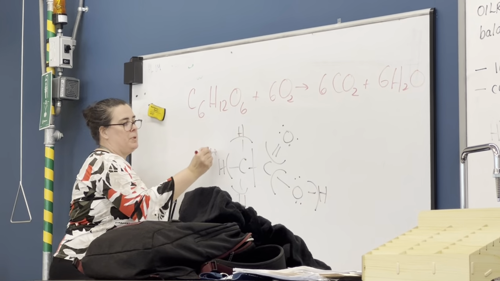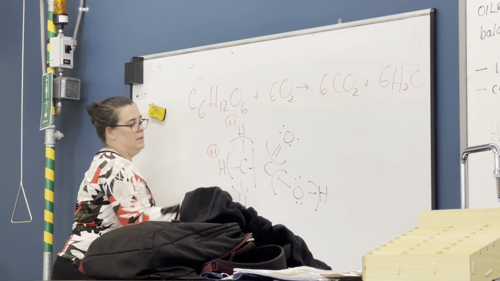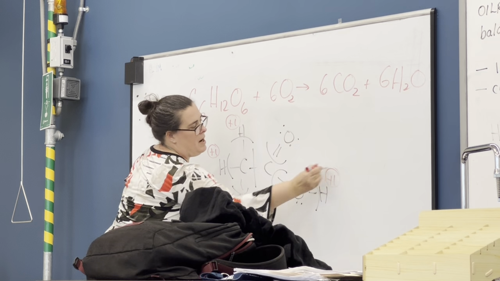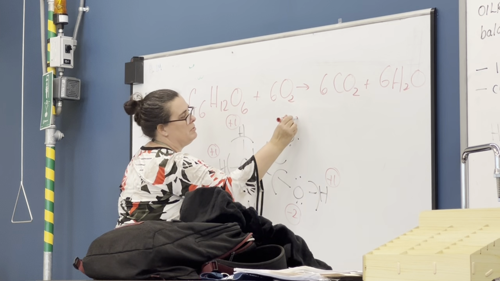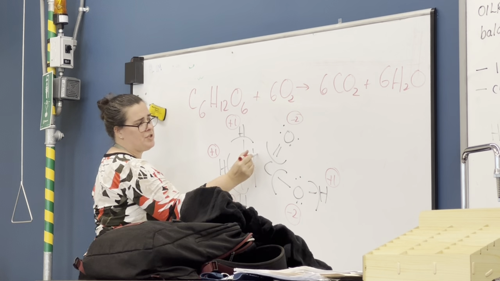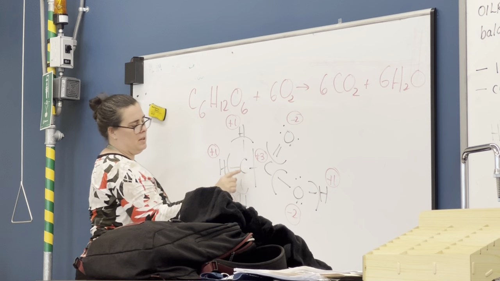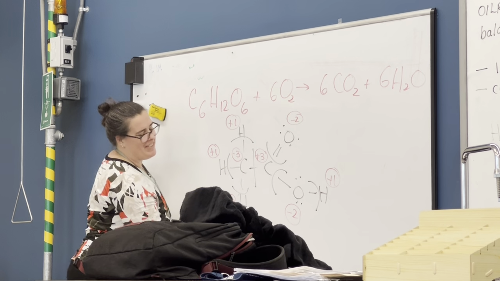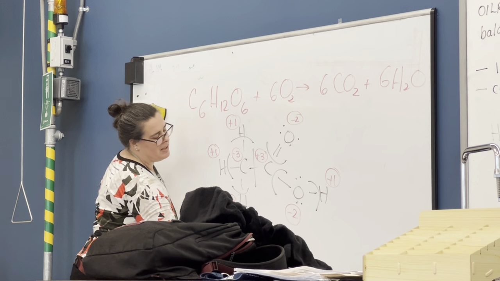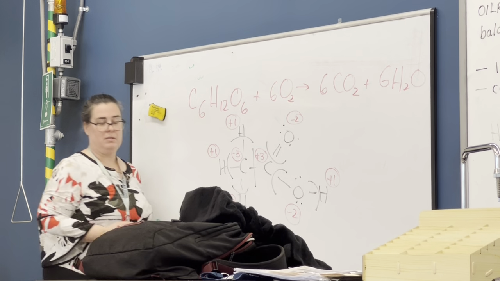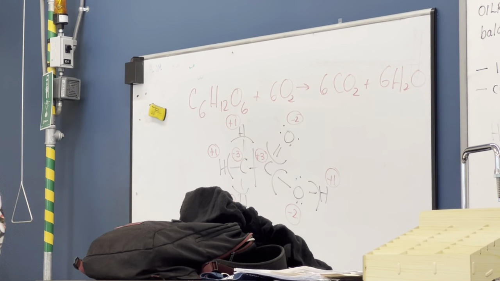Hydrogen's gonna be +1. Oxygen's gonna be -2. This carbon here only has 1 electron, seems to be +3. This carbon here has 7, it's gonna be -3. What's the average of the carbons?